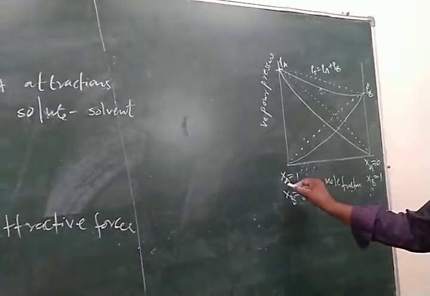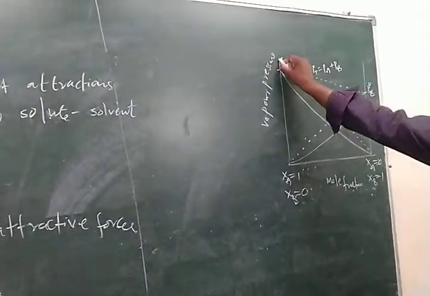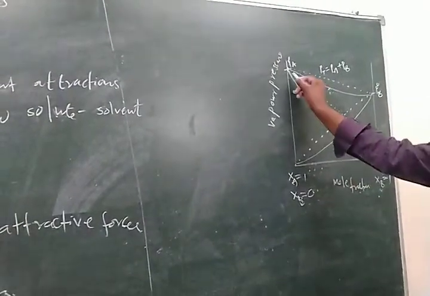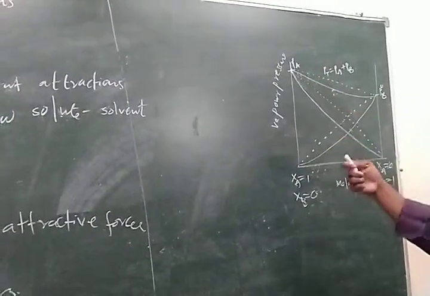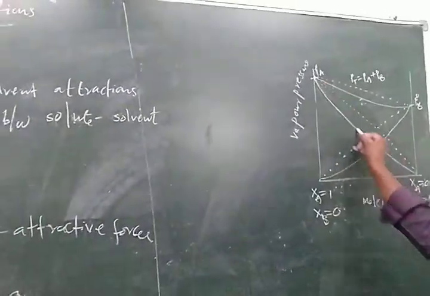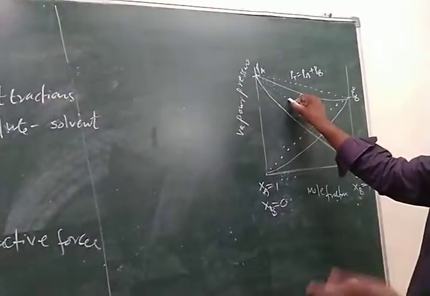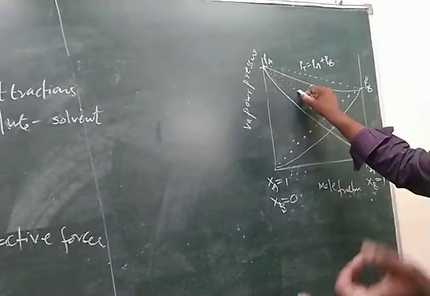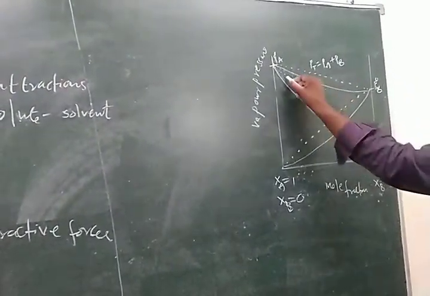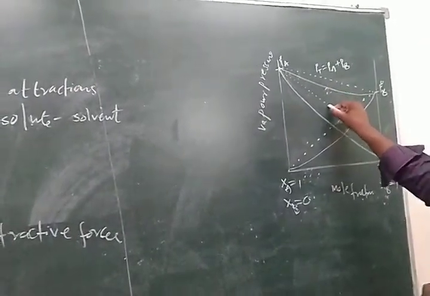Why? Because if you take A component, its mole fraction is 1, then its pressure is more. Then after mixing B to the A component, its pressure decreases because AB is strongly attracted. So that's why the curves are like this. They are below the dotted line. These dotted lines represent Raoult's law. If the solution obeys Raoult's law, it shows this type of dotted line curves. These are ideal solutions.